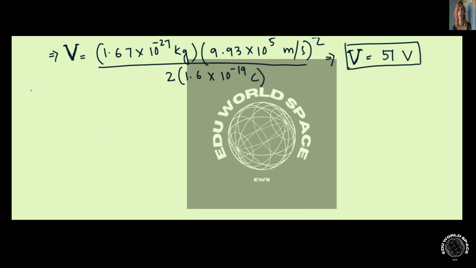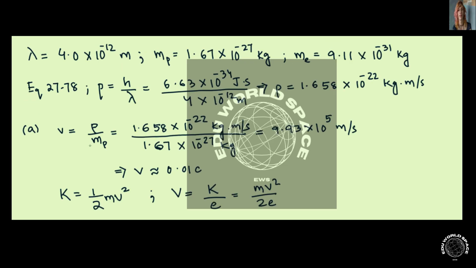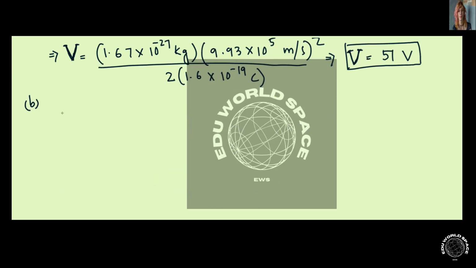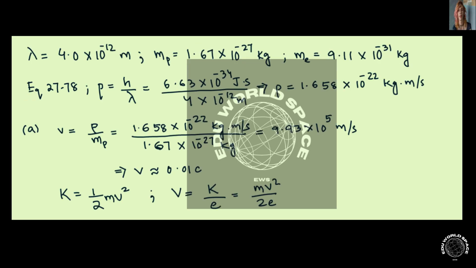And for the second part, for the electron, we do the same thing. We initially assume that this is a classical case, and we find the velocity by doing momentum over mass of the electron.